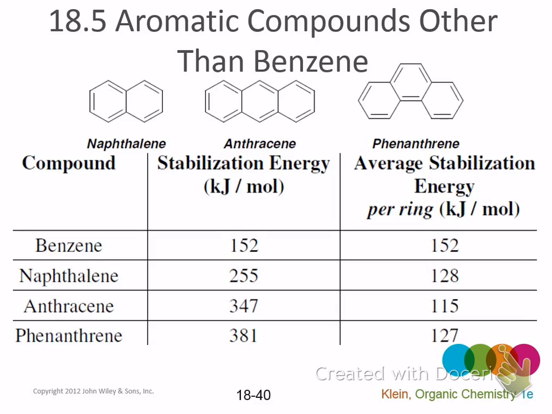So naphthalene, 255 kilojoules, anthracene 347, phenanthrene 381 kilojoules of stabilization energy. A lot of stability gained by aromaticity. Per ring, it's a lot lower than benzene, but they've got a lot of rings, so it's a lot more stability.